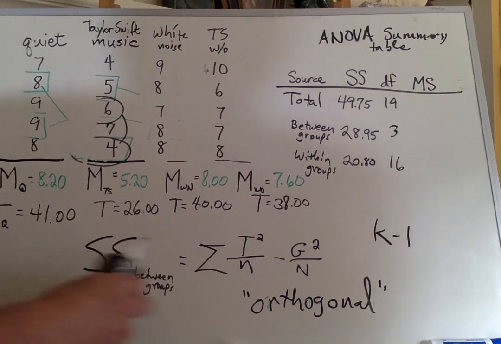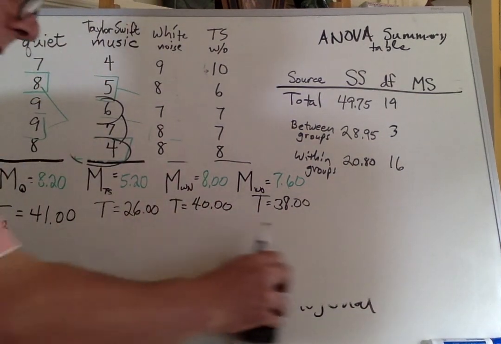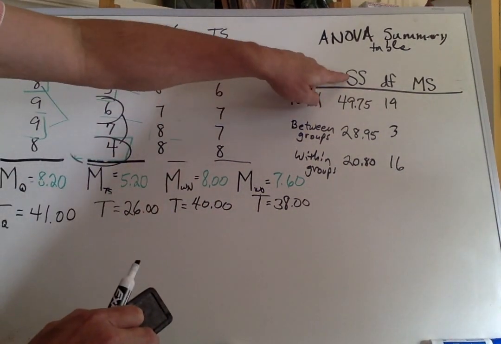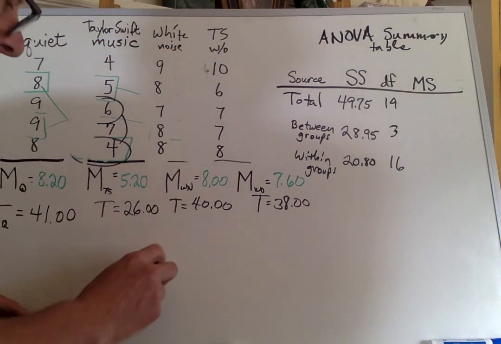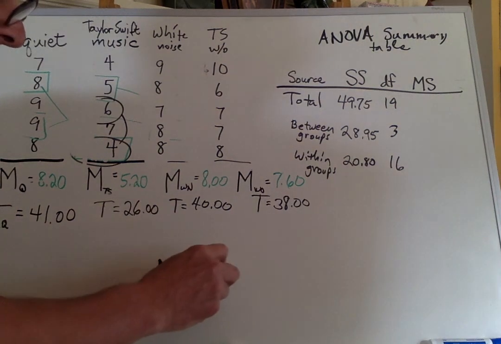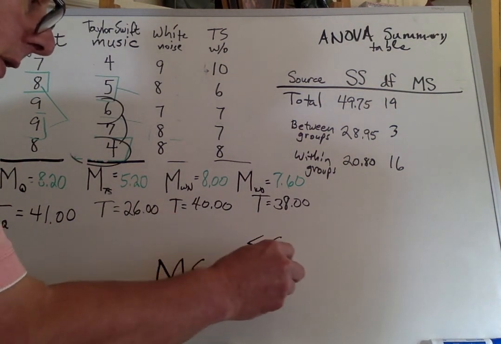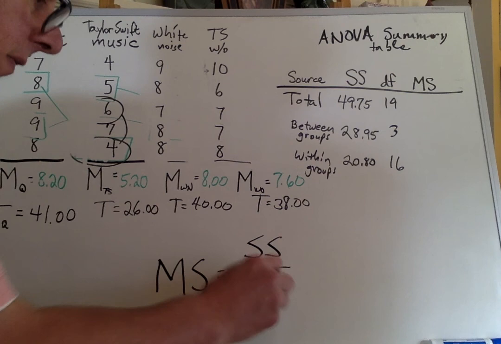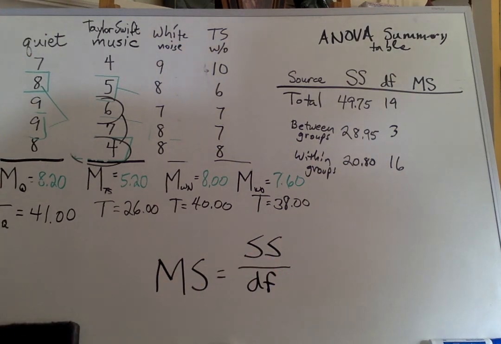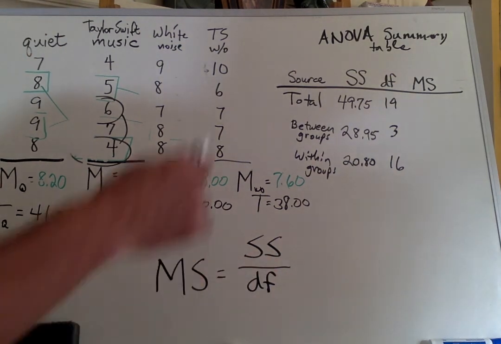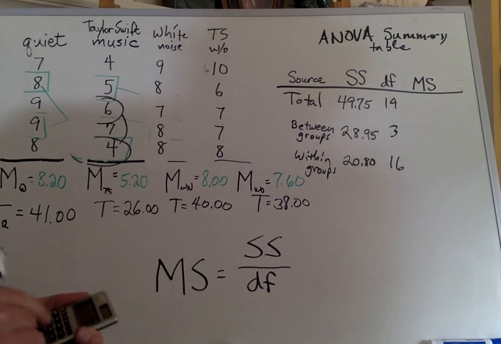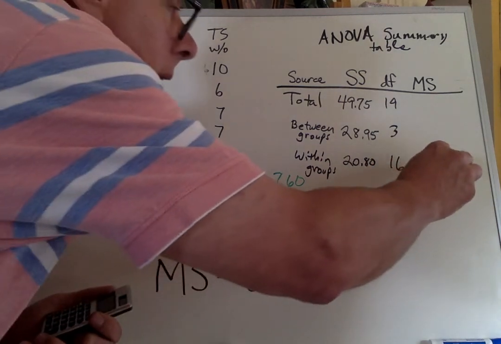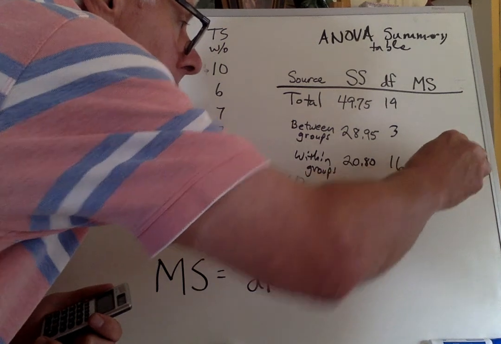Now, what is MS? Well, this is the sum of squares. This is called the mean square. And what we're going to do is MS is equal to sum of squares divided by the degrees of freedom. Okay? So for the within, we have 20.80. 20.8 divided by 16 equals 1.30.